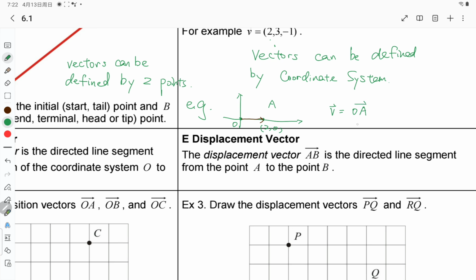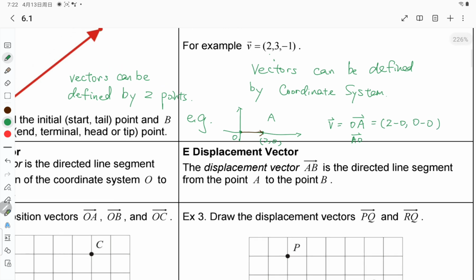So OA is not equal to AO. The direction of the vector, the starting point and ending point, is quite important. And then we can also very conveniently describe this vector using coordinates. This is actually the coordinate of point A minus the coordinate of point O. So A is 2, and then 2 minus 0, and 0 minus 0, right? So this is quite important.